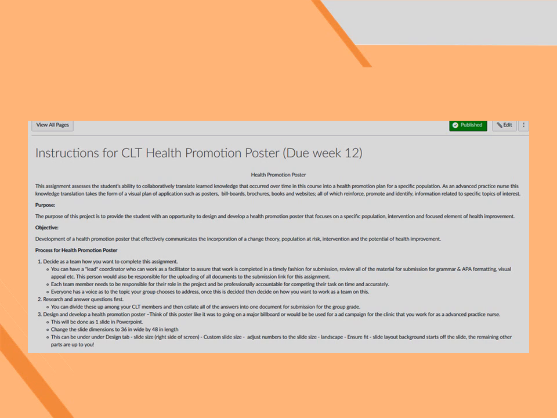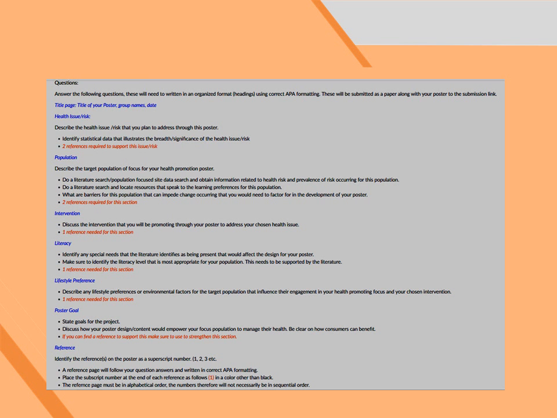Remember, the intent is to produce a product that you all feel is really good. So you're going to have to research and answer questions first, which I'm going to show you on the next slide. You can divide these up among your group members. Then you're going to design and develop a health promotion poster based upon your answers to your questions. So your questions, you have about 7 different categories.